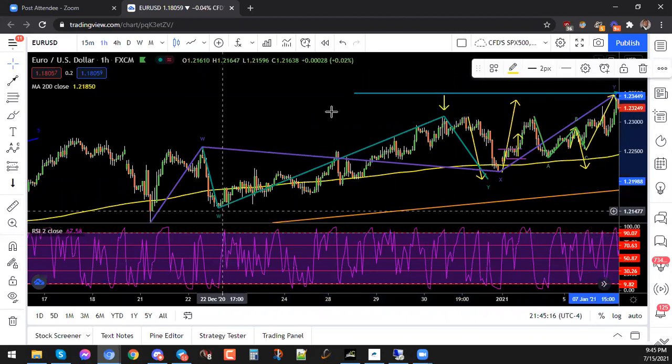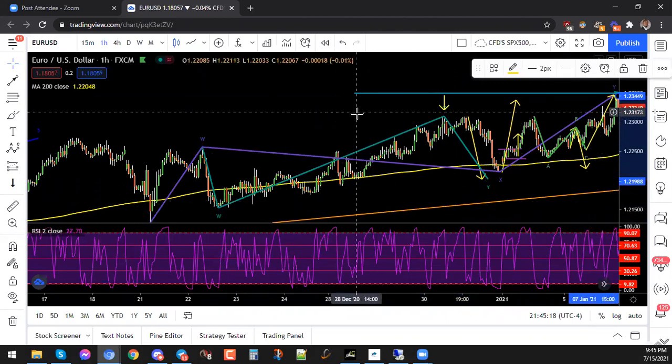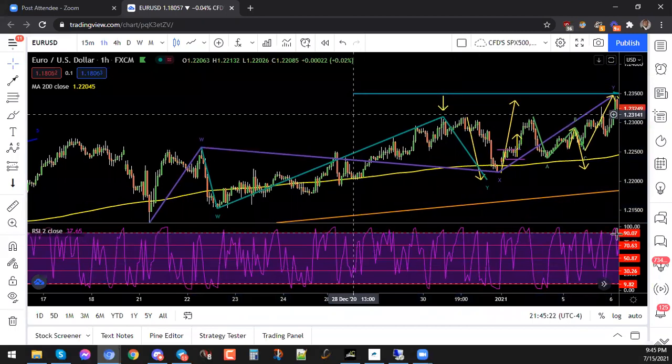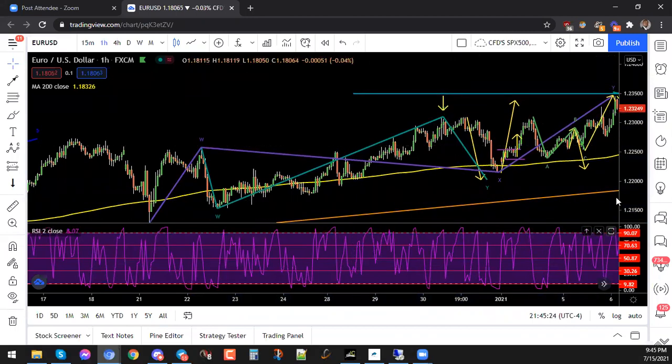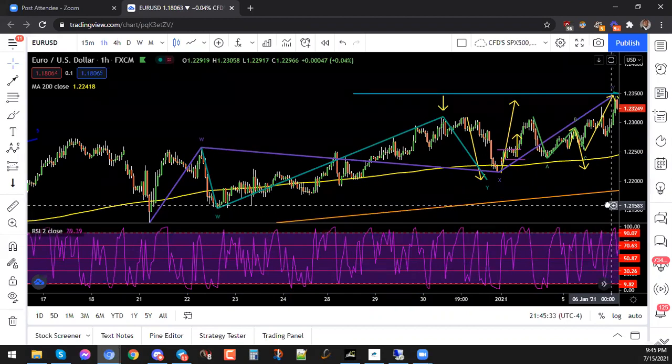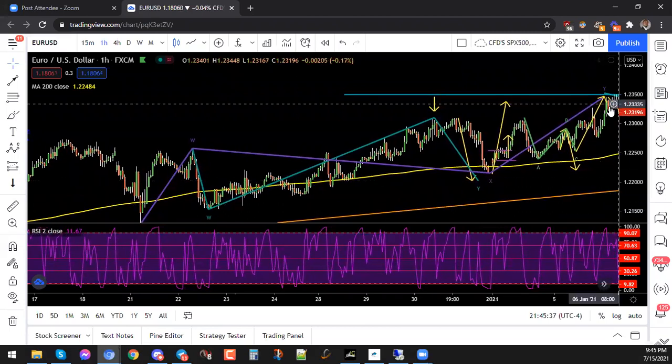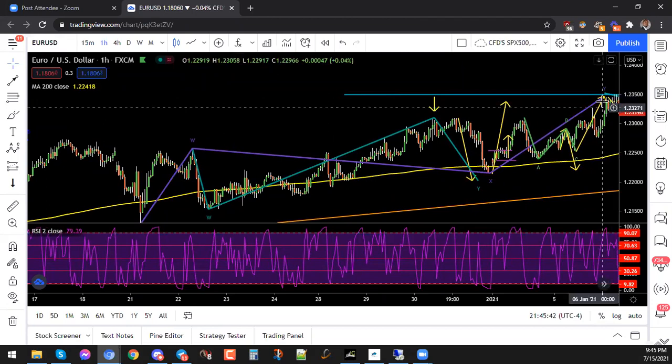That's what we're going to look for next. Let's see if that unfolds. At 2 a.m., we're in overbought conditions on the RSI. You can see that, right? We're in the extreme high on the RSI. And look what's happening here. We're going into some sort of consolidation, some sort of corrective, some sort of chop.